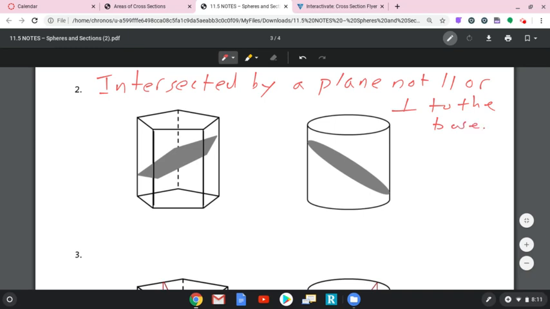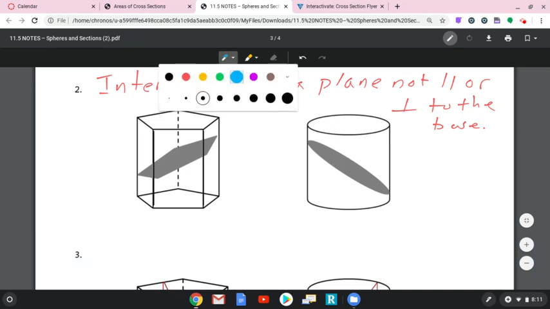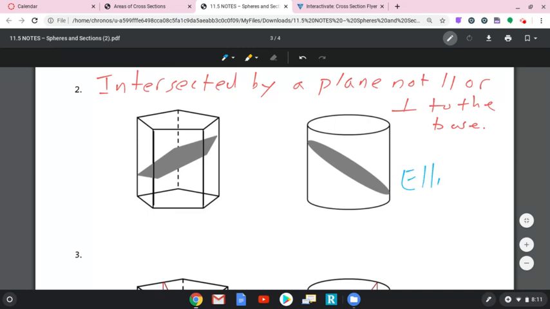Okay. Now, in both of these cases, in this case, I'm getting a pentagon for the pentagonal prism, and I'm not getting a circle. I'm going to be getting something that's more of an ellipse. So in this case here, I'm getting an ellipse because it's not going to be a perfect circle. So something that is not a perfect circle, it's more like an oval, that is my ellipse.